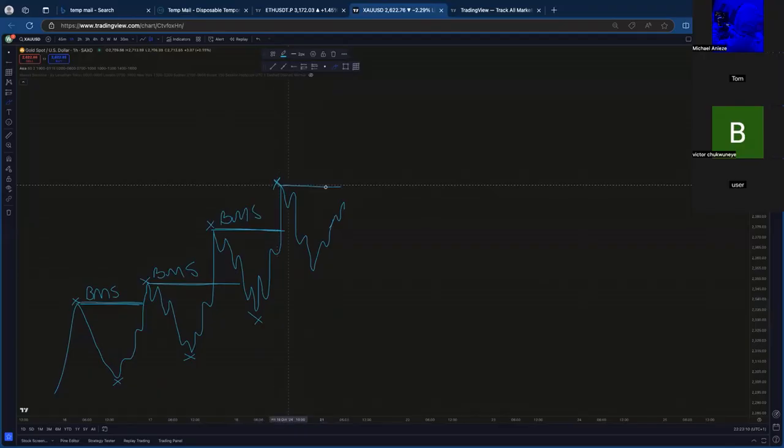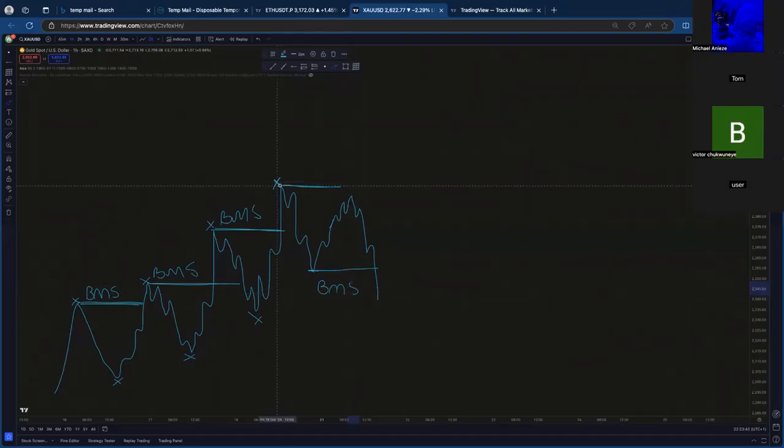Now, this high creates a low, and this low, mind you, is not a swing low yet. This low fails to take out this high and drops. Price breaks structure to the downside. Now you have what? Your new BMS, right?